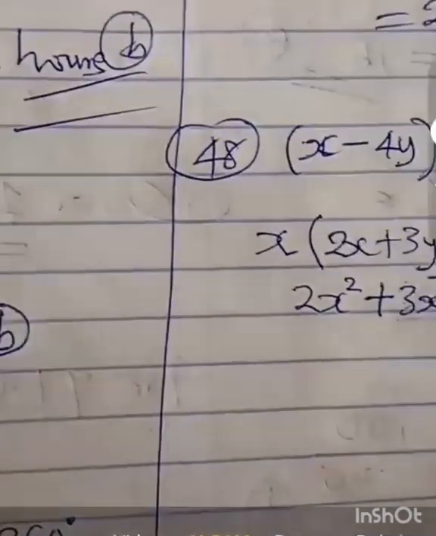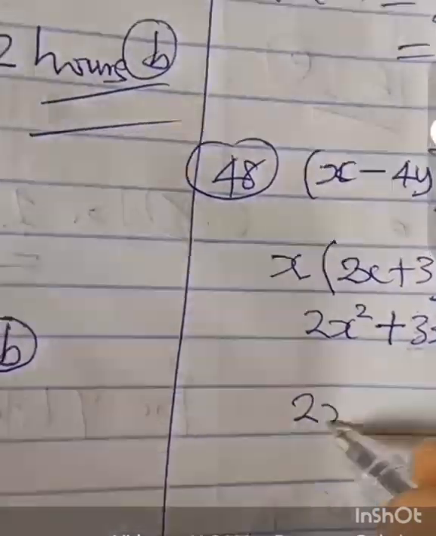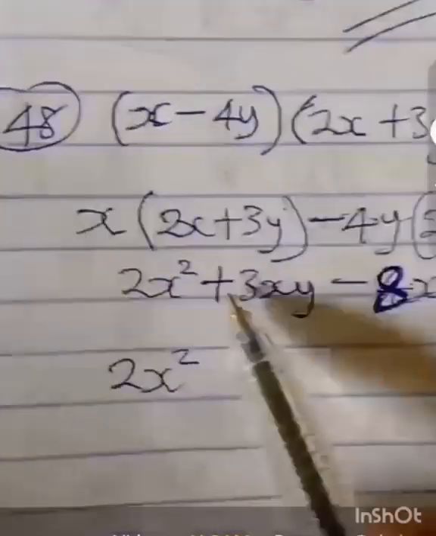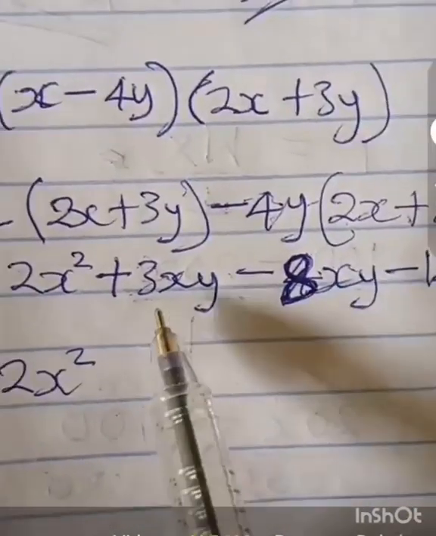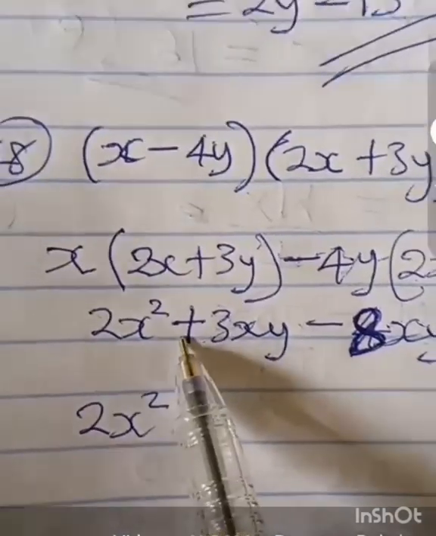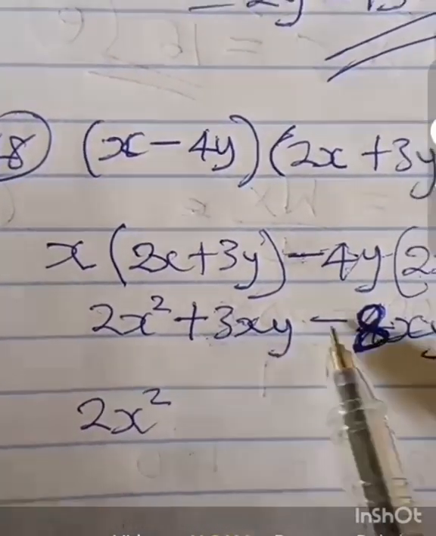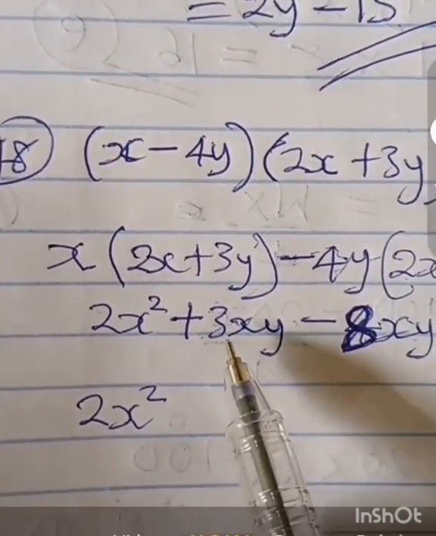So we can go ahead and work this out. Remember, the 2x squared will come down. There's a plus here and a minus here. Please don't get confused with this: this and this are like terms. You can see we have xy, so we can solve them together. Plus and minus is minus.